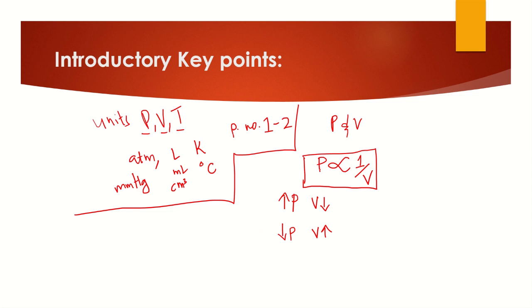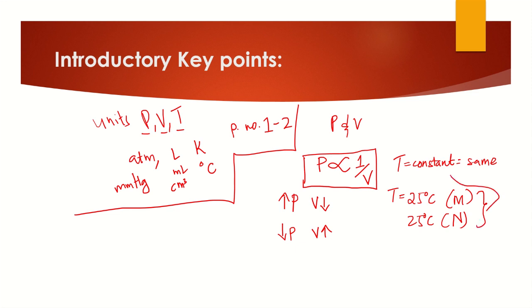We are able to observe this relationship only when the temperature is kept constant. Constant here means the same throughout the experiment. We can take an example of the temperature of a place. If the temperature of a particular place is 25 degrees Celsius in the morning, and it remains the same during night time, such an example we call constant.